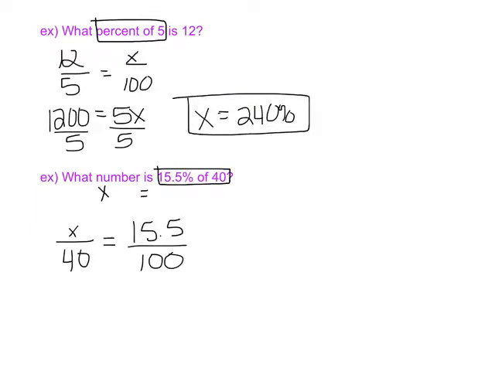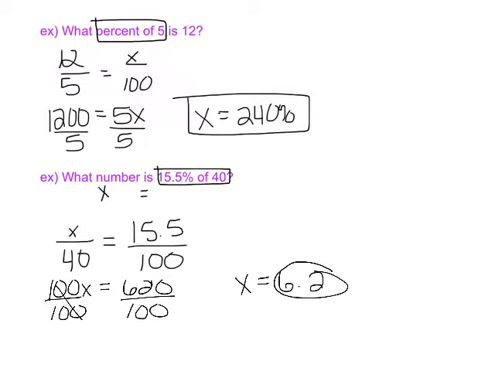And I can tell that I set my proportion up correctly because 40 and 15.5 are across from each other. When I multiply those together, I'm going to get that 100x equals 620. And when I divide by 100 on both sides, I'm going to get x equals 6.2. So 6.2 is 15.5% of 40.